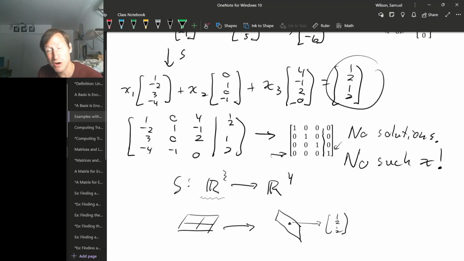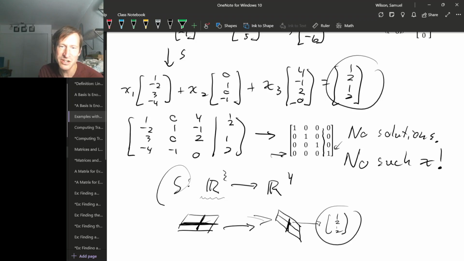It just isn't an output that is produced by this linear transformation. One way to picture what this linear transformation is doing, even though the dimensions are wrong, is it's taking this line to there, this line to there, which determines this plane over in the codomain space R4, and this vector is just not in this plane determined by what happens to all of those vectors.